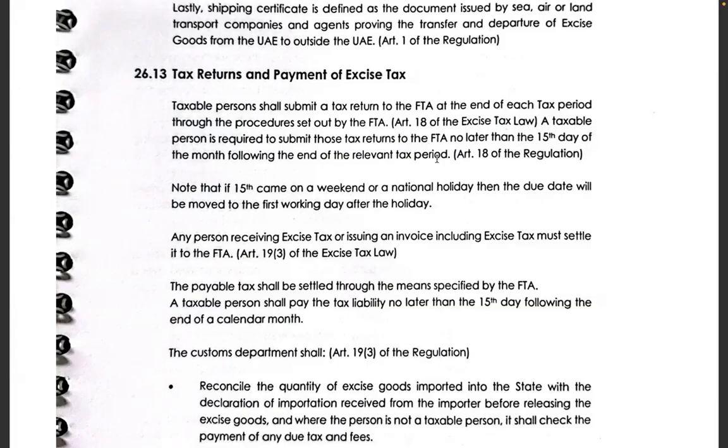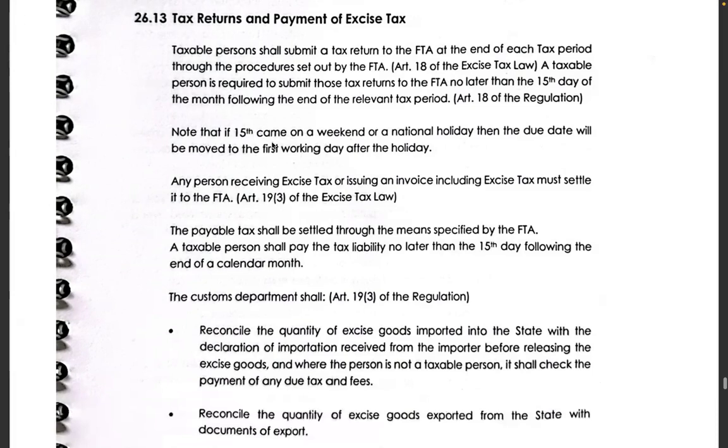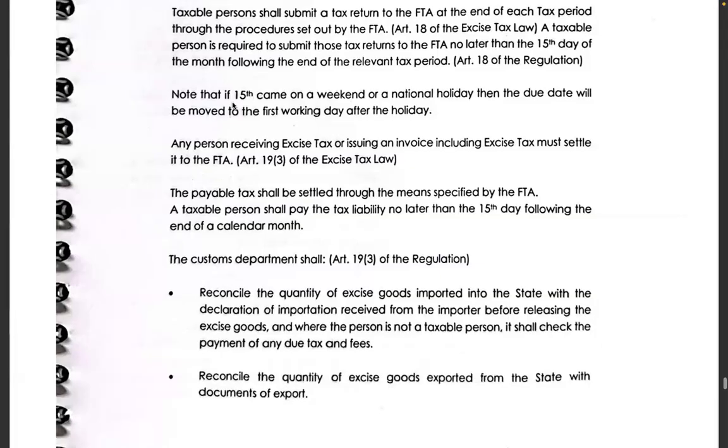Usually a tax period is 3 months, but let's see. Note that if the 15th comes on a weekend or a national holiday, then the due date will be moved to the first working day after the holiday. Any person receiving excise tax or issuing an invoice including excise tax must settle it to the FTA.